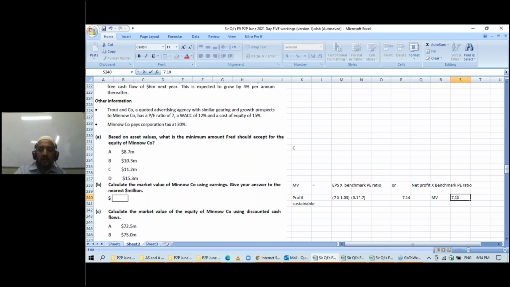So 7.14 is the profit multiplied by the price earning ratio. Benchmark price earning ratio has been given over here in the question. This is 7.